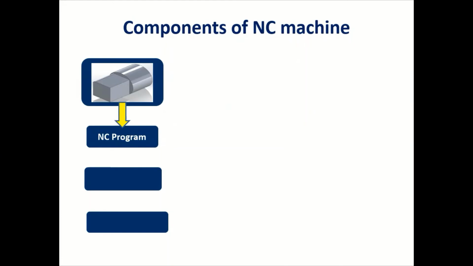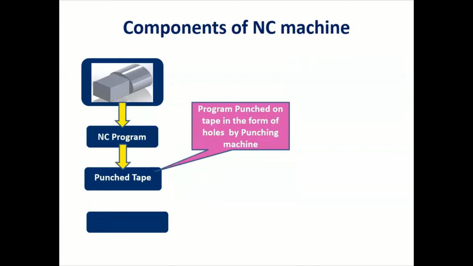Then this program is punched on the punch tape. The part program is entered on the punch tape, magnetic tape, or paper tape. Generally, the tape is made of mylar coated aluminum for higher production, or you can go for paper tape for testing of the component at the initial level.